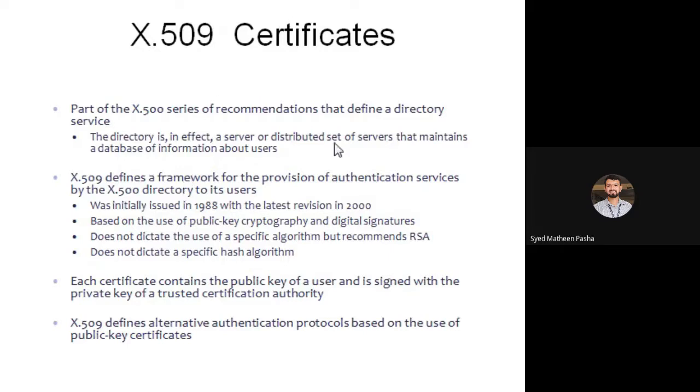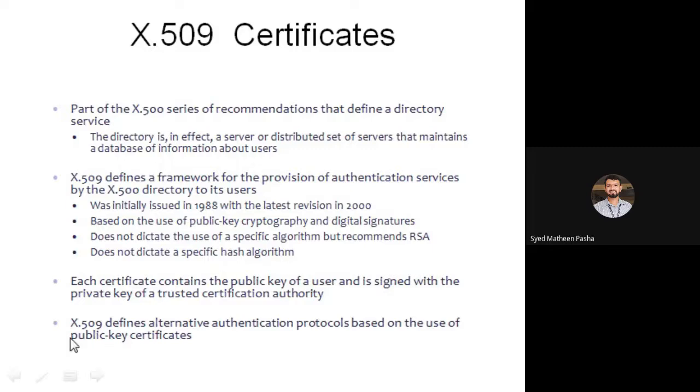It does not dictate the use of a specific algorithm but recommends RSA. So this X509 certificate does not actually assume some algorithms or techniques, but it basically recommends the use of one kind of algorithm, that is your RSA algorithm. As I told, whatever module we cover, that is the third module, basically deals with your RSA algorithm.